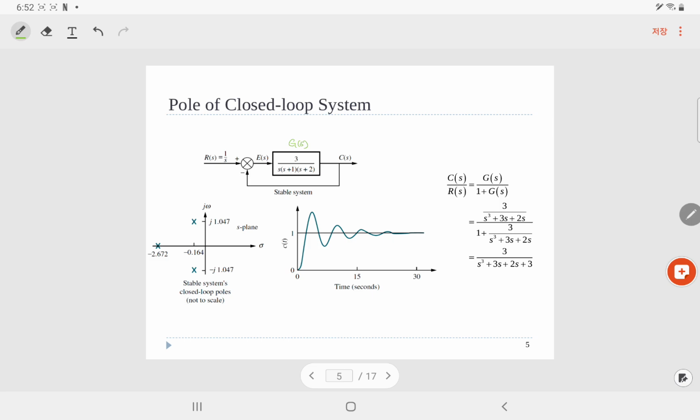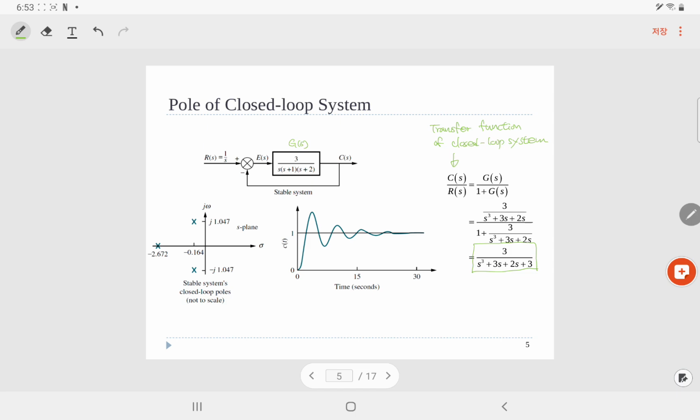From this structure we can obtain the closed loop transfer function, which denotes the transfer function of the closed loop system. The final transfer function will be given like this. This is the transfer function obtained.